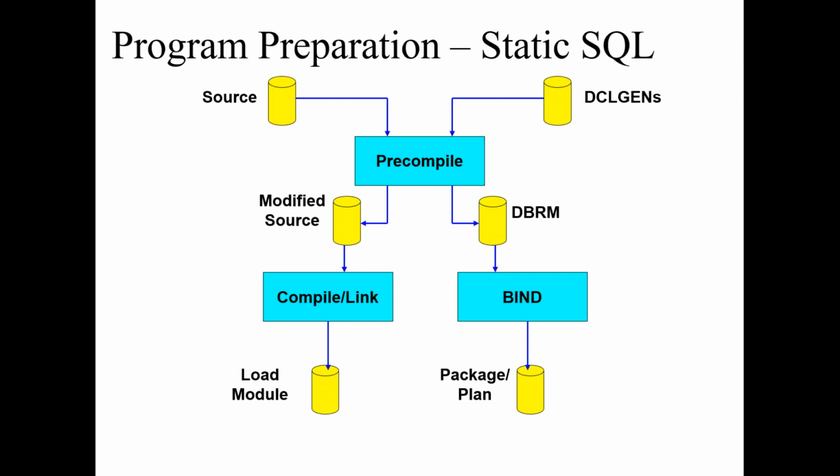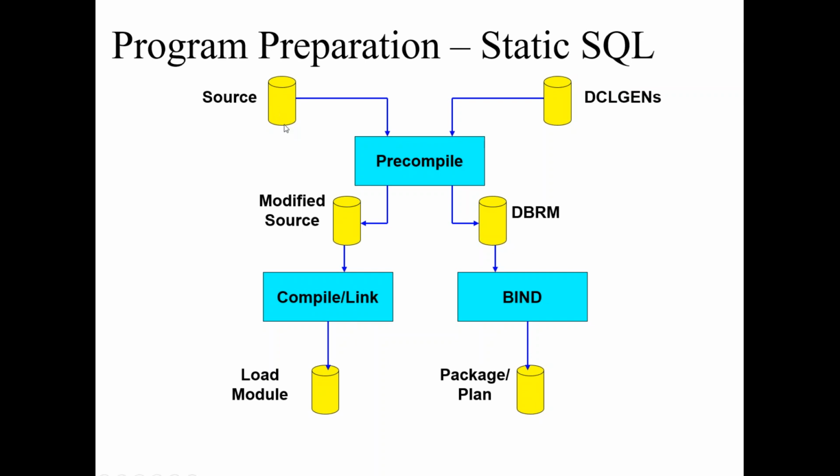You'll see a couple of examples coming up that are COBOL, but it could be any of those languages that are native to the mainframe and have a precompiler supported by DB2. So up at the top there we see our source code, the source code coming in to my program right up here.